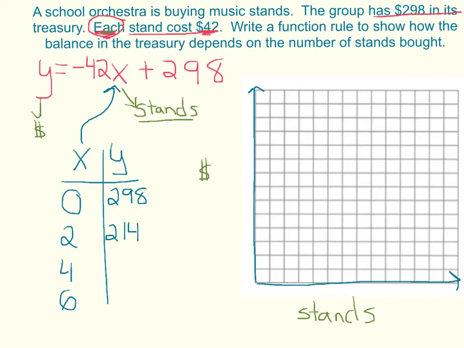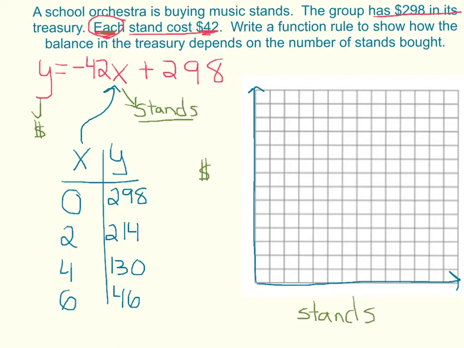Negative 42 times 4 plus 298 is 130. And negative 42 times 6 plus 298 is 46.